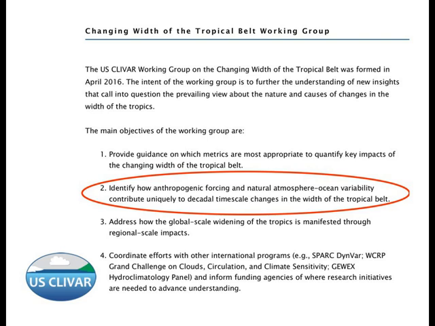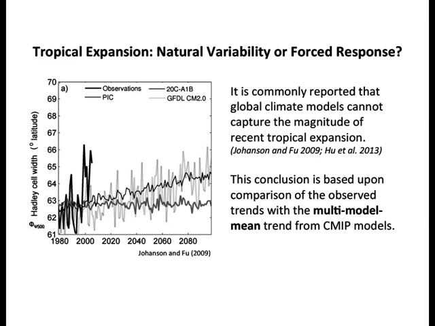I would say if you talked to somebody 5 or 10 years ago, the general consensus in the literature was that the rate at which the tropics are expanding is much larger than that predicted by global climate models. And this is certainly true when you compare the multi-model mean of the historical runs of CMIP models with the observed trends from reanalysis data.